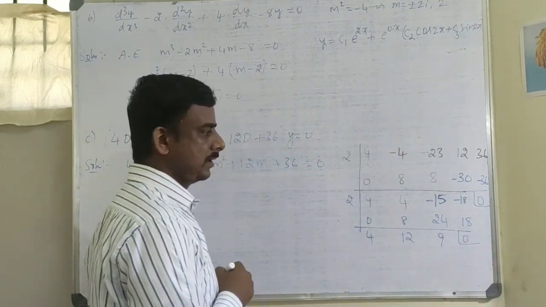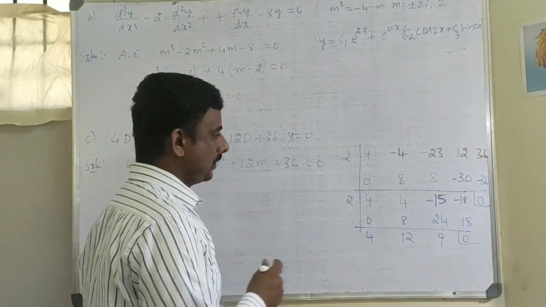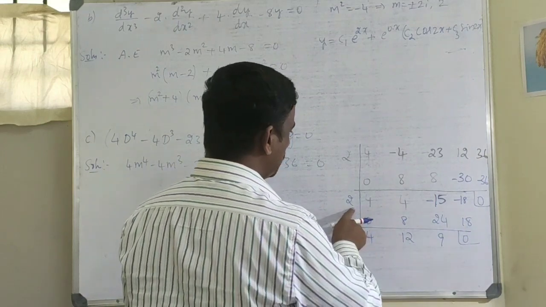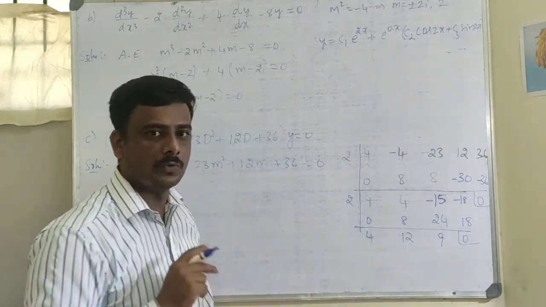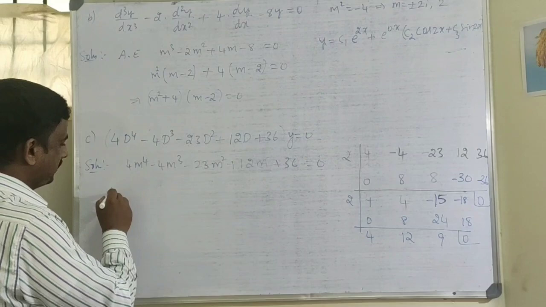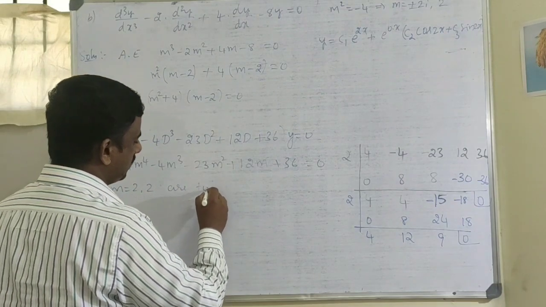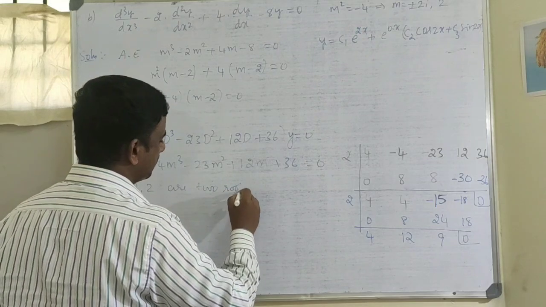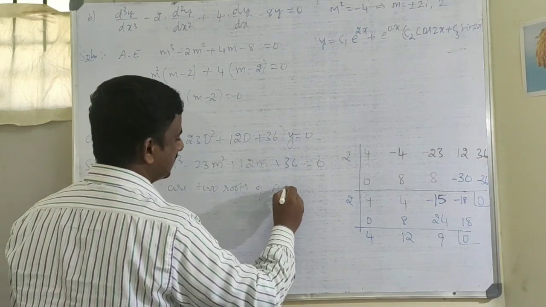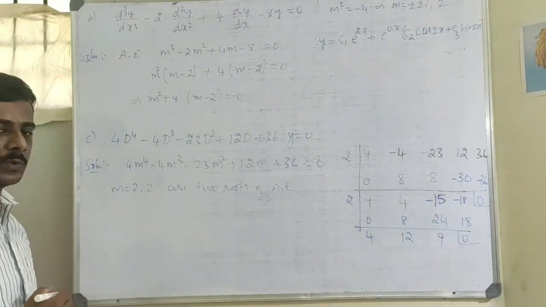So I got 0 again. So 2 is a root of multiplicity 2. So m equal to 2, 2 are two roots of the auxiliary equation. I want to find the other two roots.